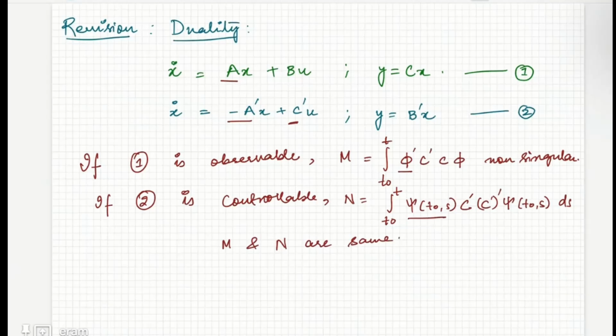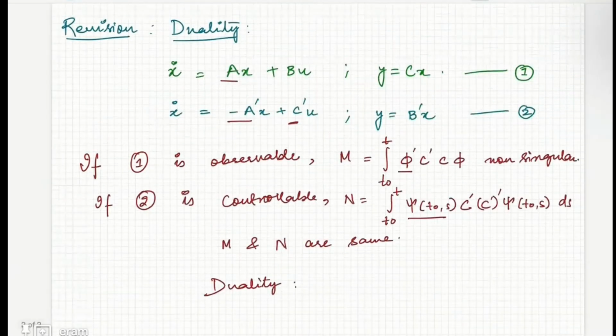So that gives us the concept of duality. What it tells us is that system 1, of the form x dot equals Ax plus Bu with y equals Cx, is observable if and only if system 2 is controllable, and vice versa.